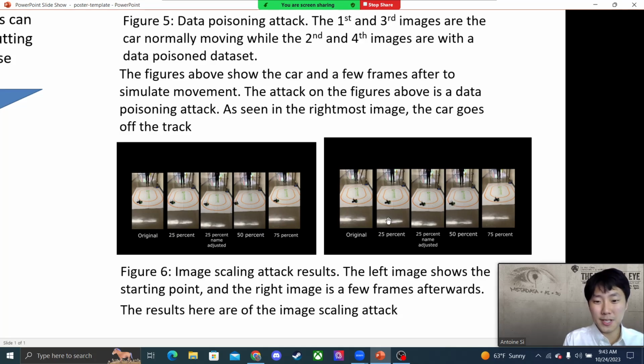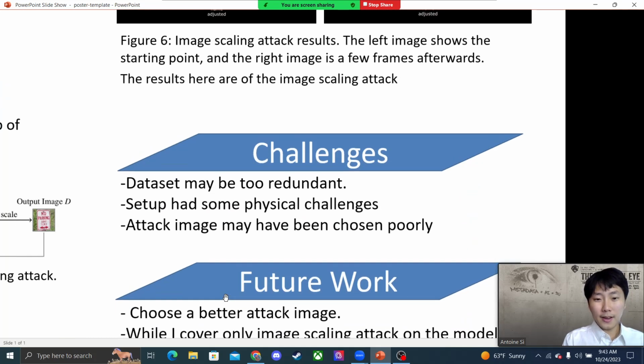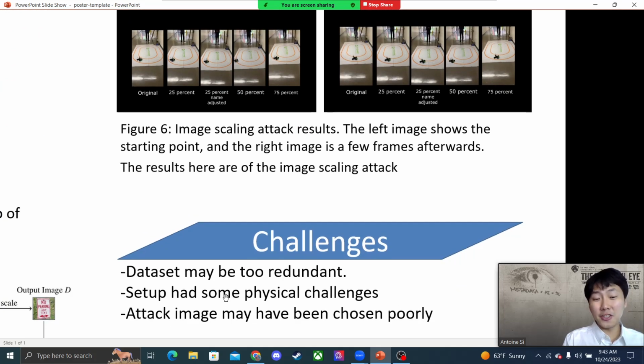So this gets to my challenges slide, where I think my data set for training the model was too redundant. For the car's data set, I was essentially clicking images so that when it goes through the machine learning model and the computer vision model, where it sees me click is where I want the car to go.